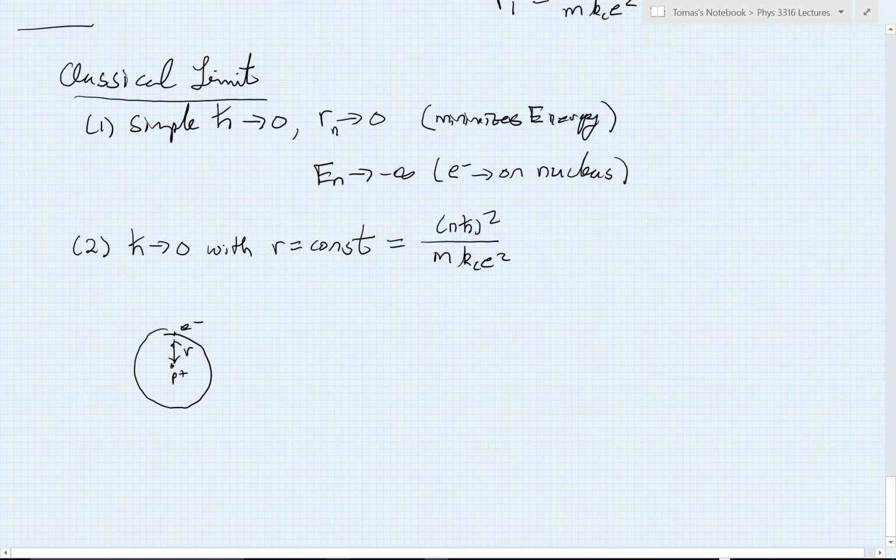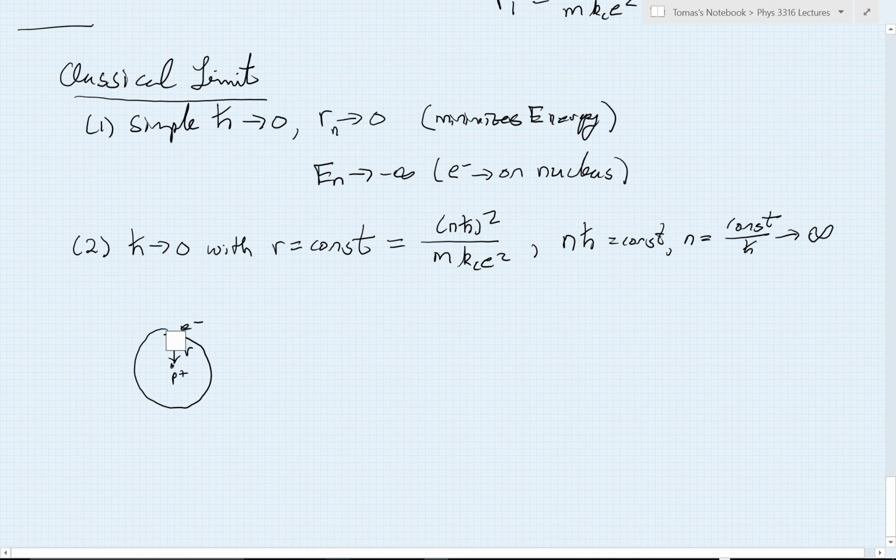So if I want to keep that radius constant, the way I do it is as h goes to 0, I'm going to define n to be proportional to 1 over h. I'm going to keep n times h constant. Or in other words, n will be some constant divided by h bar, and that quantum number n then will be tending towards infinity at just the right rate so that this product stays constant as h bar goes to 0.